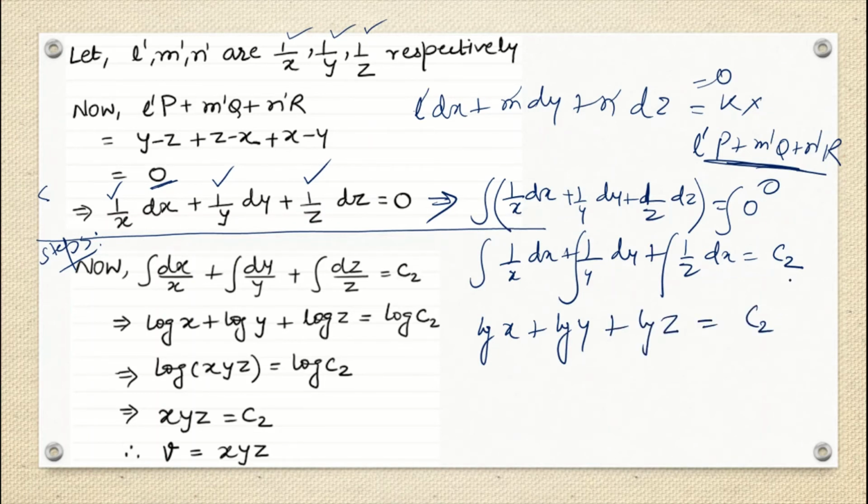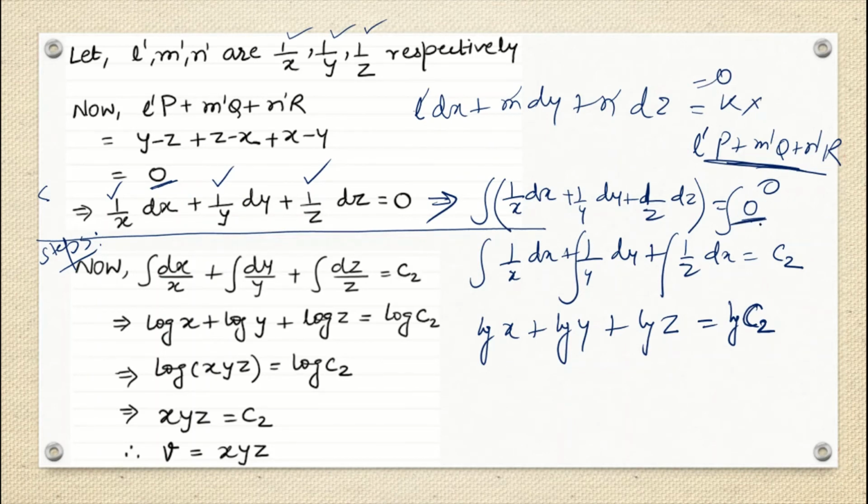Now, the same thing we had discussed in my last class: instead of C2, there won't be any problem if I write log C2. Why? Because I don't know the value of C2 right now. I just know the nature of the result of this integration.